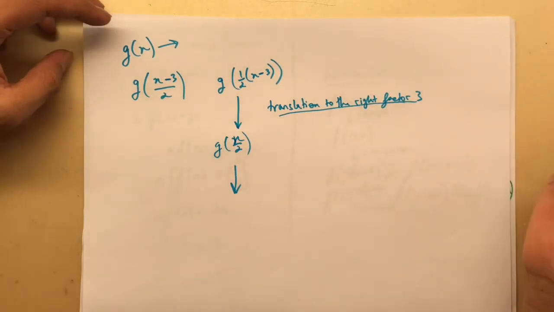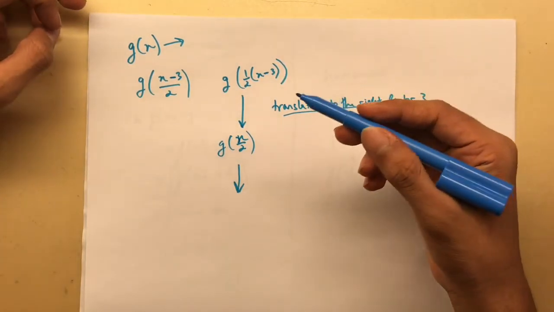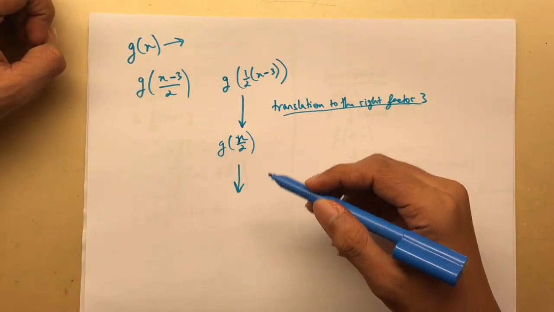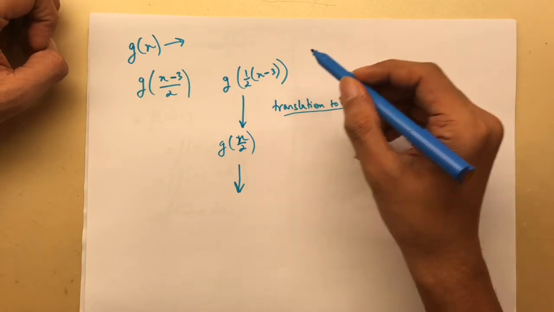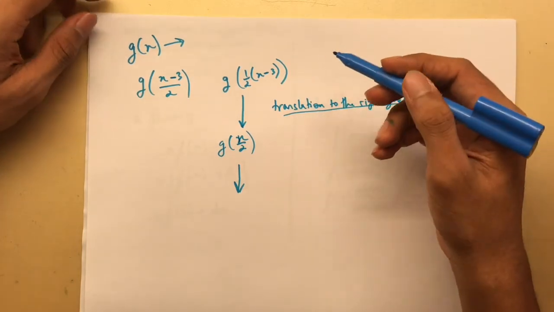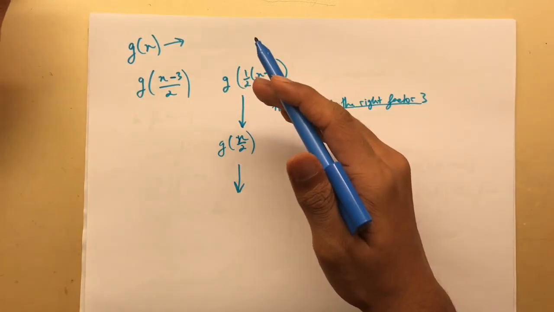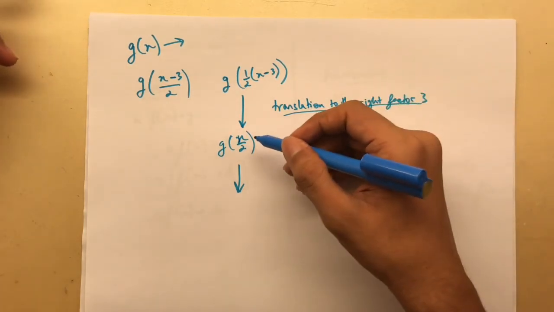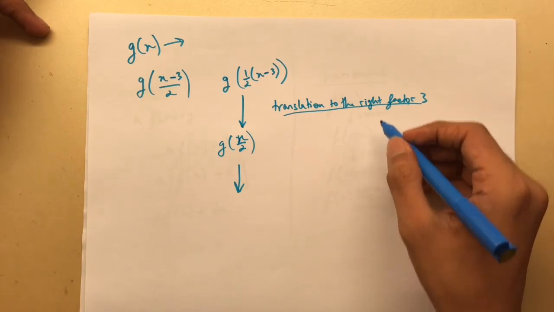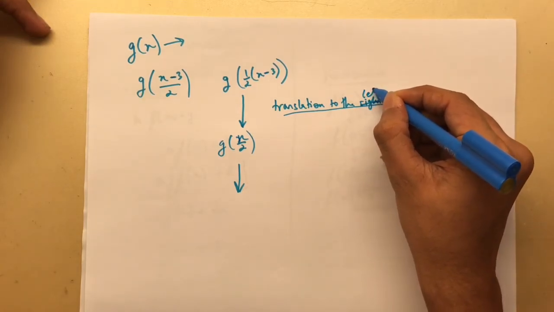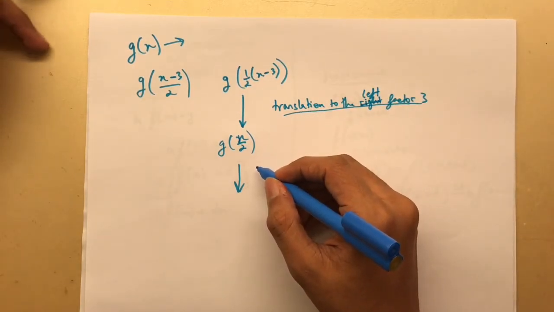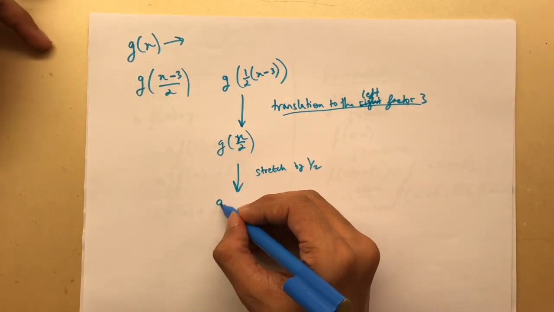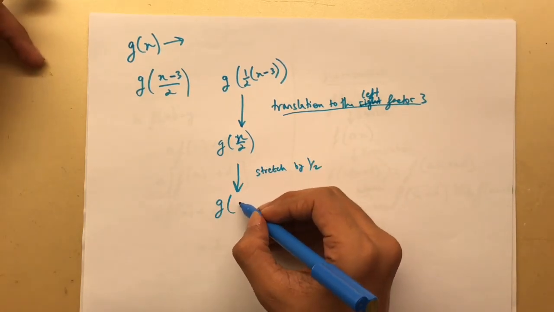So a good way of solving a sum like this is to backtrack. So how would I get g of x from this? Now that I've written it in this form, I can say that if I translate it to the left by a factor of 3, I'd get x upon 2, and then if I stretched it by half, I would get g of x, because I would have to replace it with 2x, right?